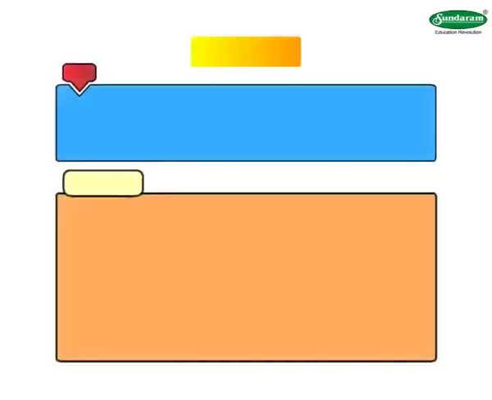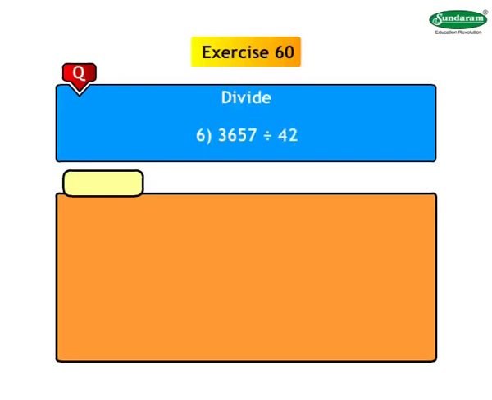Now, let us solve another example from exercise 60. It involves division of a 4-digit number by a 2-digit number. Question. Divide 3657 by 42. Solution. Write the division vertically.